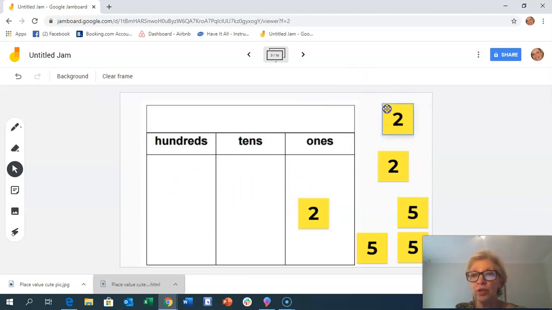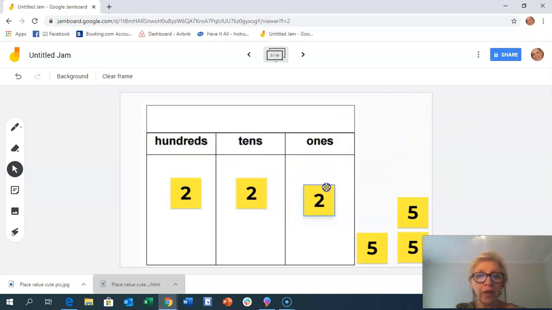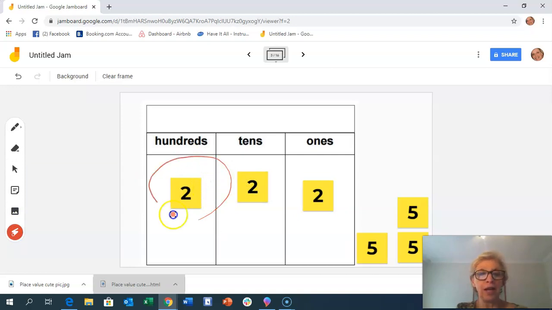So let's put all the 2s in here. 2, 2, 2. They all look identical, but they're not. Would you rather have 2 rand, or would you rather have 20 rand, or would you rather have 200 rand? I want to be this 2. This is the 2 we want to be, don't we, grade 3s?